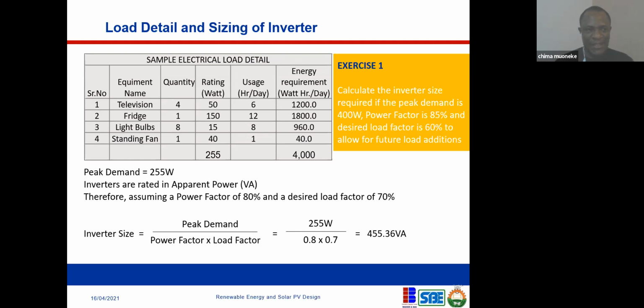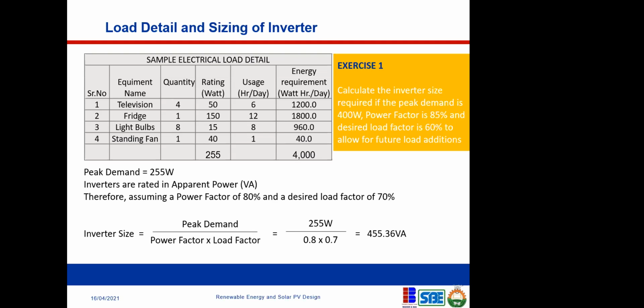For example, this client already knows that in the next month or 2 months, he's going to add additional loads to your design. Imagine you design with 80% and you don't know about this information. If that client eventually adds that load in the nearest future, then he'll be getting closer to 100%. And if there is any excess load or offshoot in his consumption, it's going to damage that equipment or the inverter.